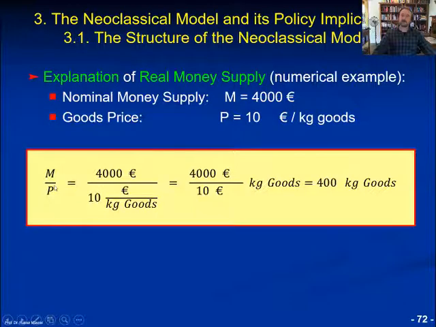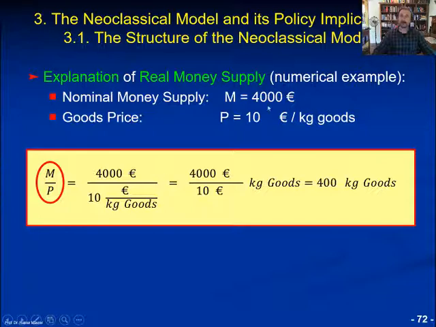Now, if we start with the formula M over P, nominal money supply over the price level, we have the magnitude which we will call in the following real money supply.